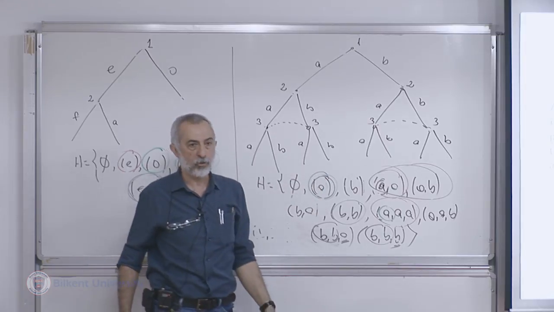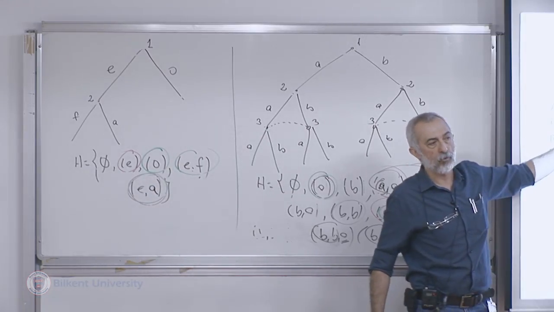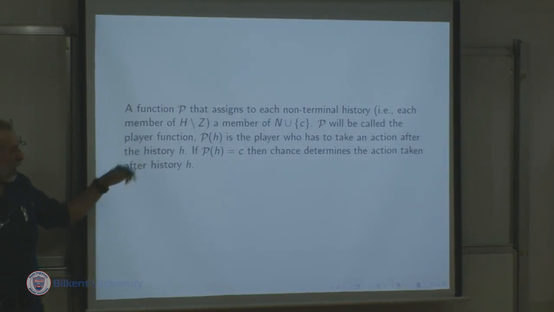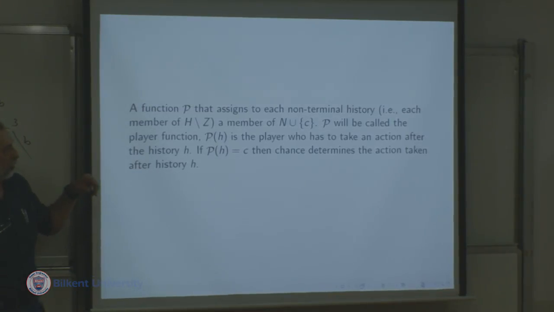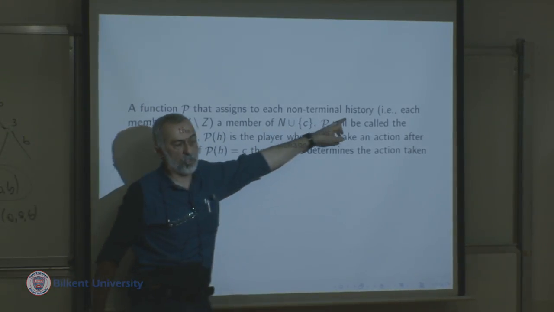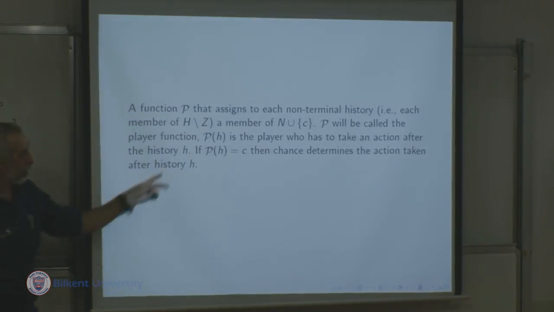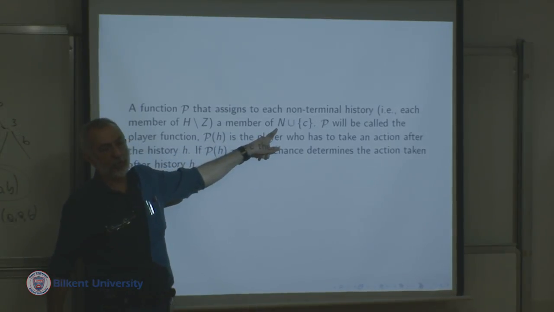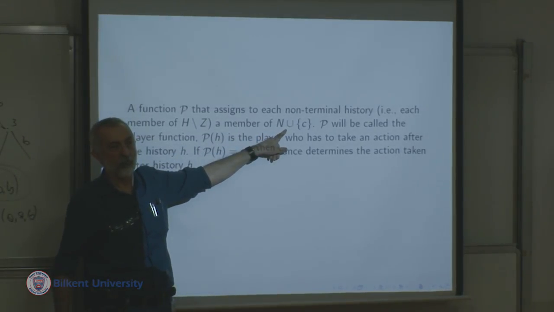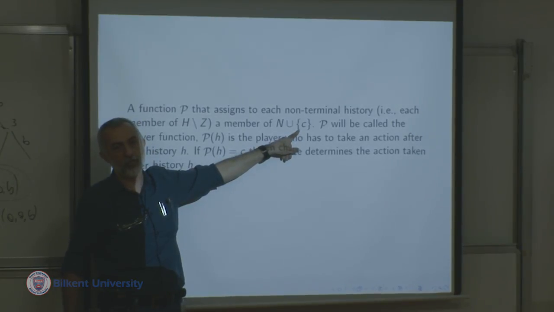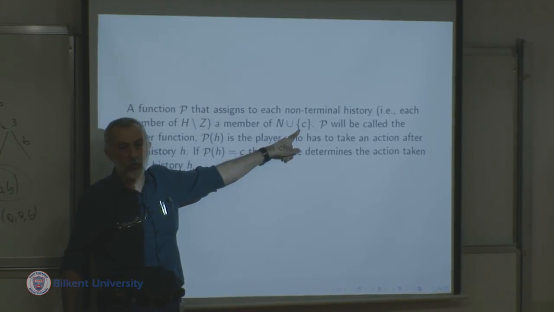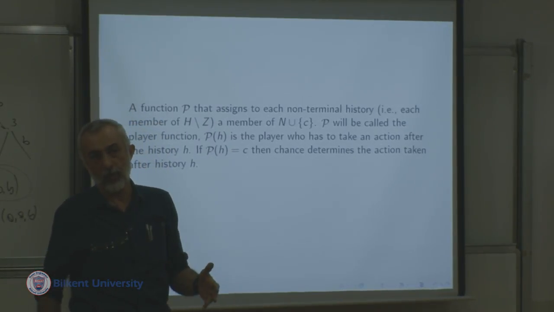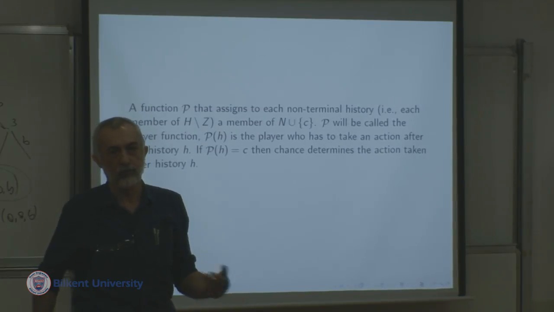So in the mathematical structure, we need a function which we'll denote with calligraphic P, which is a function that assigns to every non-terminal history a member of the set of players union a player called chance. So in some games, agents play and then a coin is flipped or something random happens. Nature intervenes.